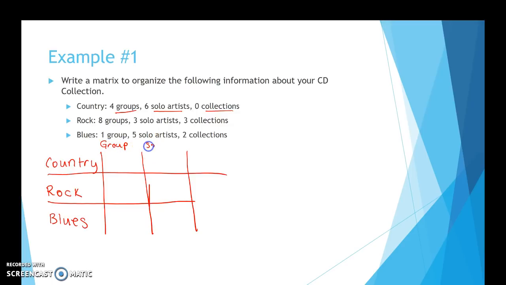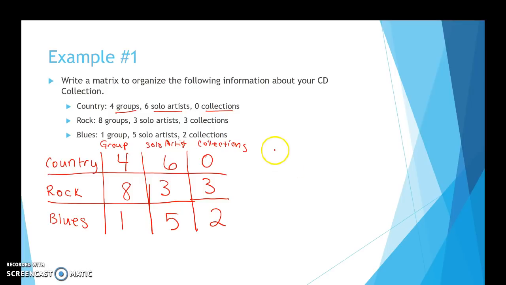Group, solo artist, and collections. So then we'll fill in our information here. For country, we have 4 groups, 6 solo artists, and 0 collections. Rock, we mentioned 8 groups, 3 solo artists, and 3 collections. Blues, we have 1 group, 5 solo artists, and 2 collections. So that's one way we could have written this out.